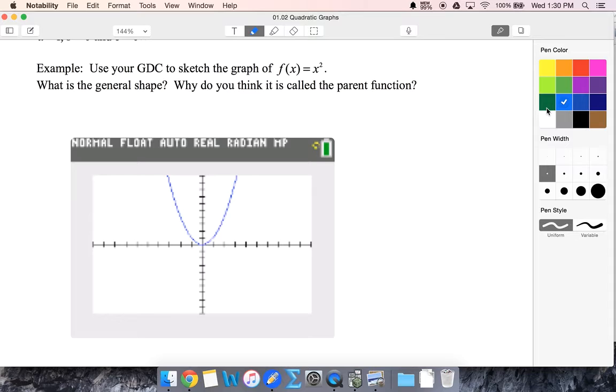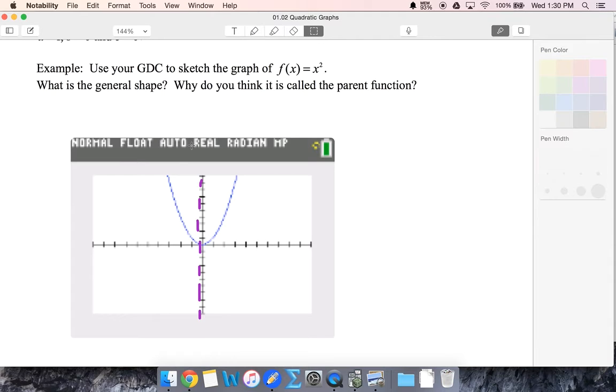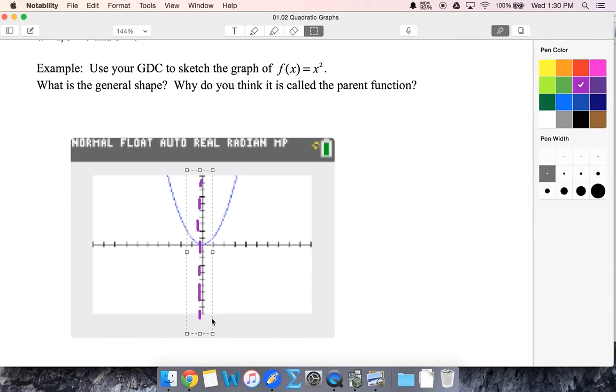So since my graph is blue, I'm going to switch over to, maybe let's do purple. All right, so axis of symmetry, well, this graph, this parabola, is symmetric. That means that it has this vertical line of symmetry here, meaning that I could fold it in half and it would exactly mirror, and that should be right on the y-axis. Sorry that it's a little bit off. Let's see if I can move it just a little bit. There we go.